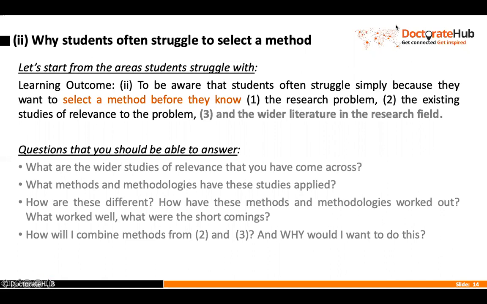Once reading the wider literature, there are a number of questions that should be answered, like the relevance, the methods that have been successfully applied, how these are different, and how I will combine them. As said, this is all gradual and nothing that one will figure out from the beginning.